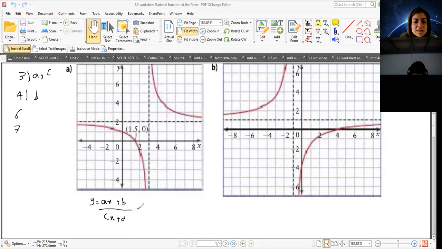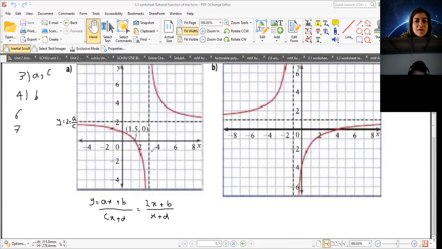The first thing I can write down is a over c, because a over c gives you your horizontal asymptote. As you see, this is y equals 2. This is your a over c. So a over c is 2, which means this is 2x plus b over 1x plus d.